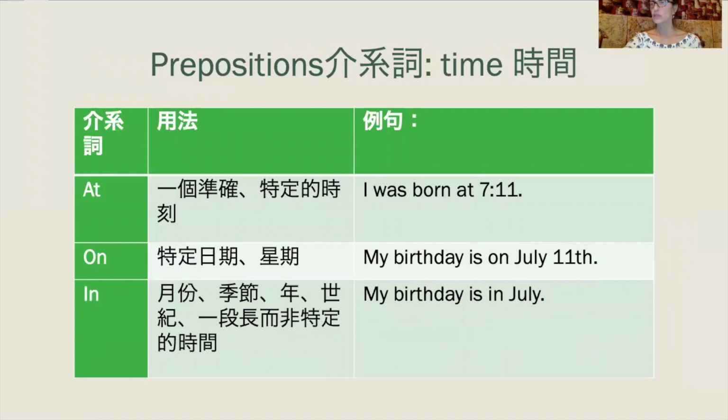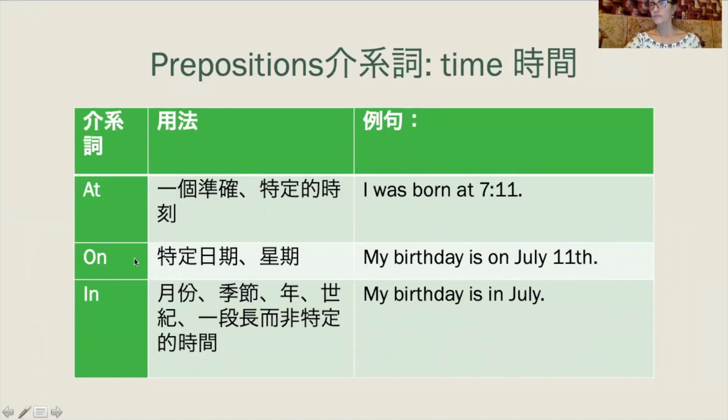Okay, so 只是一个准确特定的时刻. I was born at 7-Eleven in the morning. Right at that time. So this is very specific, 7-Eleven.